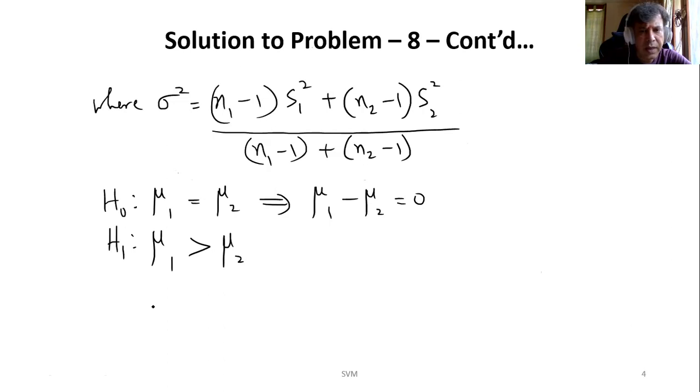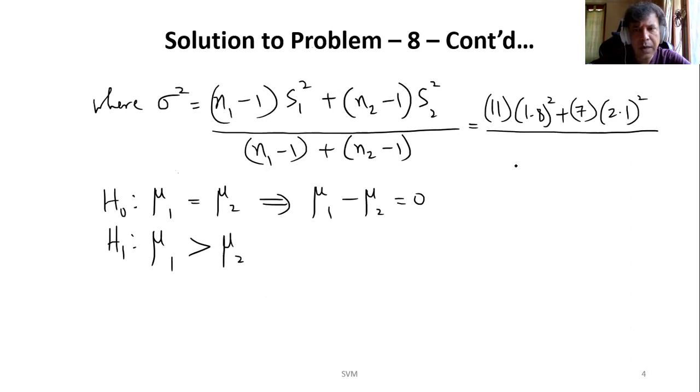Now, first of all, let us calculate this value. n1 minus 1, n1 is 12, 12 minus 1 becomes 11 times s1 square, which is 1.8 squared, plus n2 is 8, 8 minus 1 is 7, times s2 square, which is 2.1 squared, divided by n1 minus 1 is 11 plus n2 minus 1 is 7.